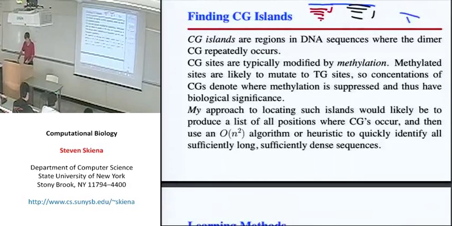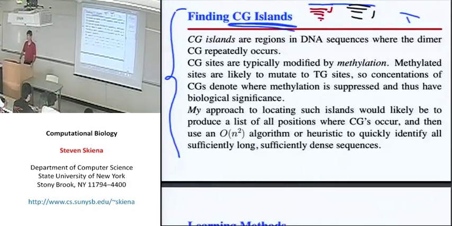So we're going to talk about this kind of approach using an example that's sort of an easier example to talk about than gene prediction. Okay? So I'm now going to shift gears and talk about recognizing something called the CG island. This is an example from a book I recommend on the reading list, by Durbin et al., on hidden Markov models.